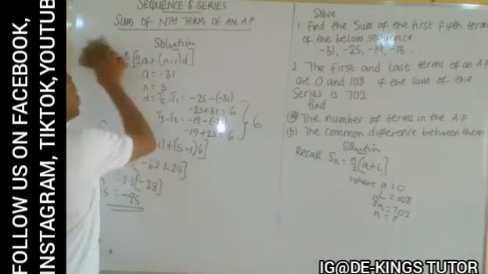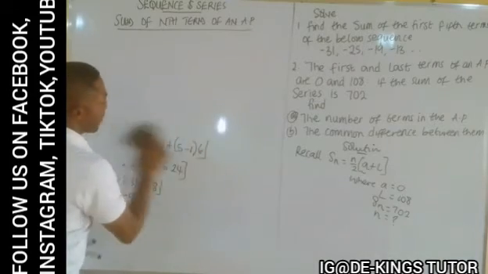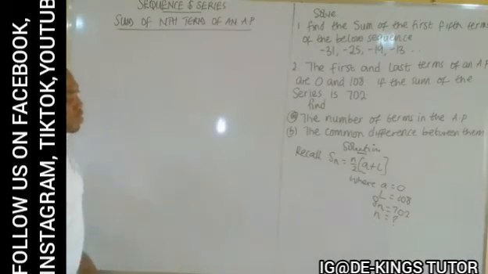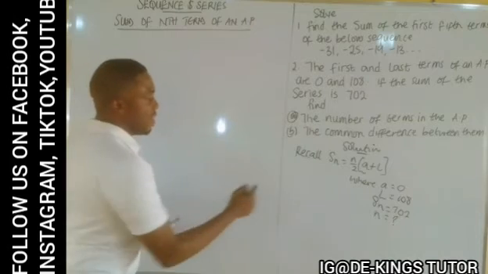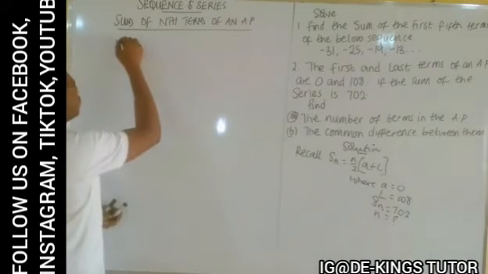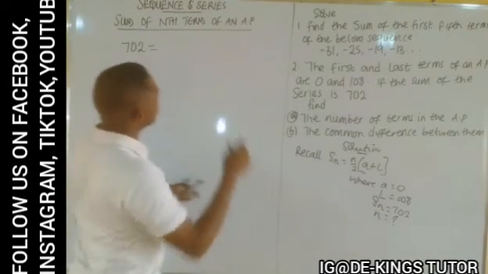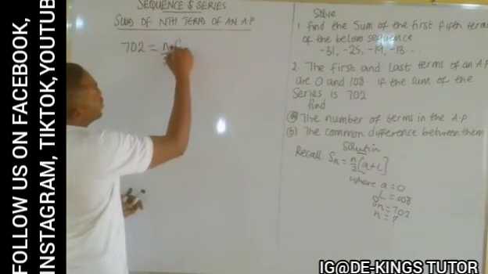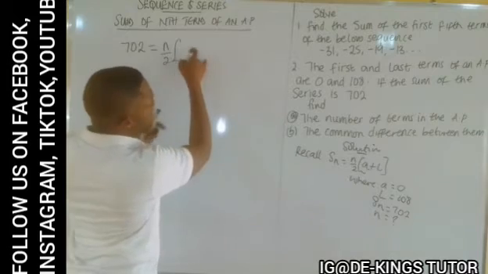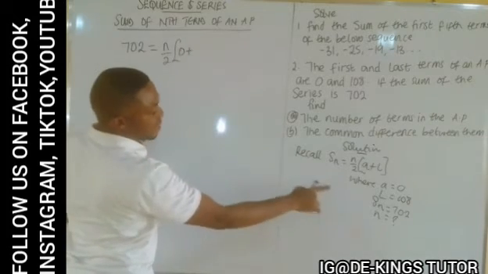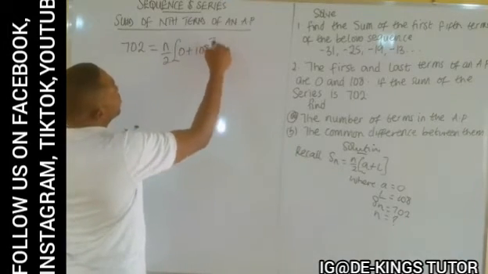So if we do that, we have our Sn is 702 equals n, which is unknown, over 2 into our a, which is 0, plus our last term, which is 108.